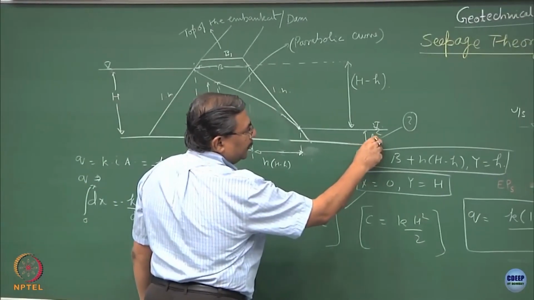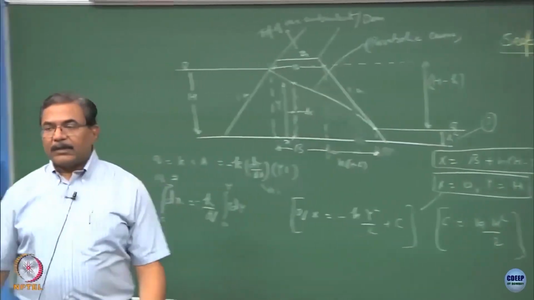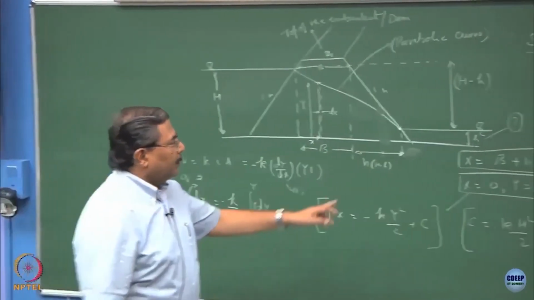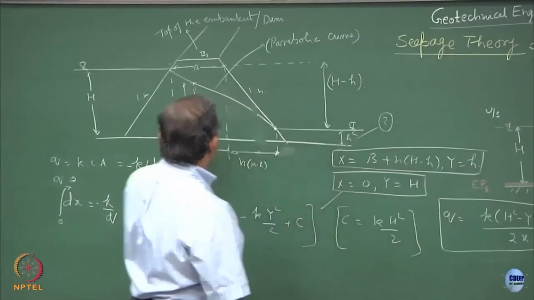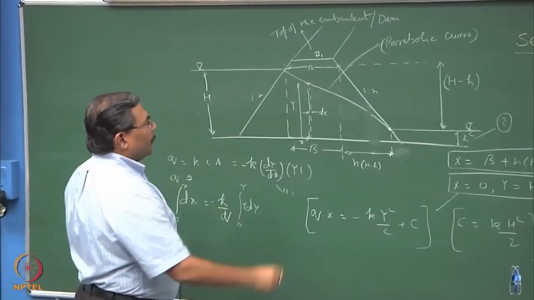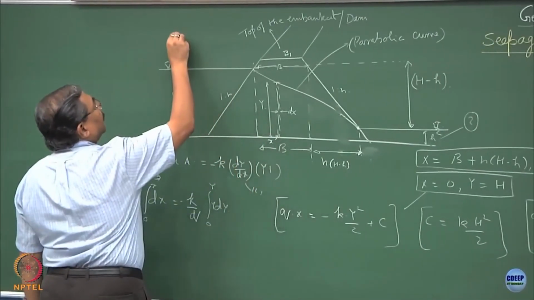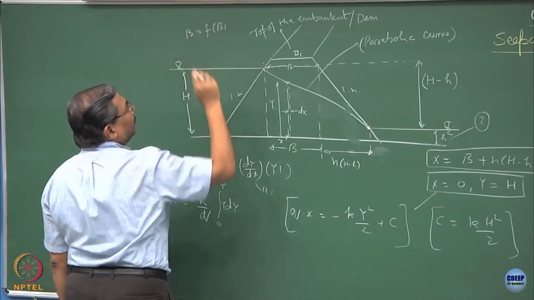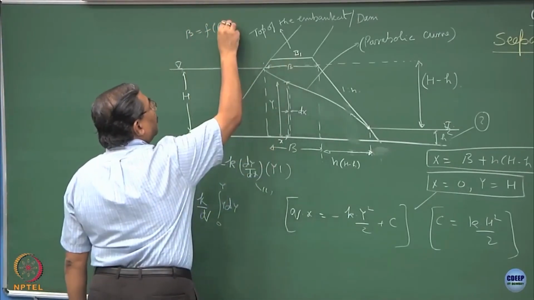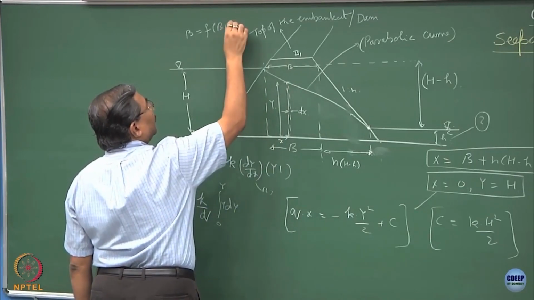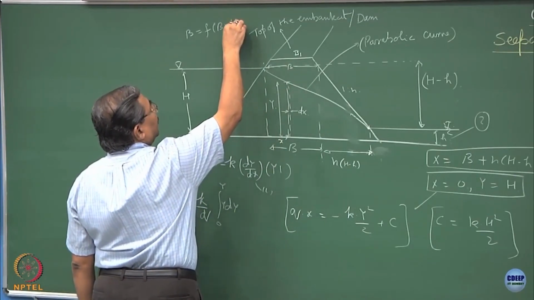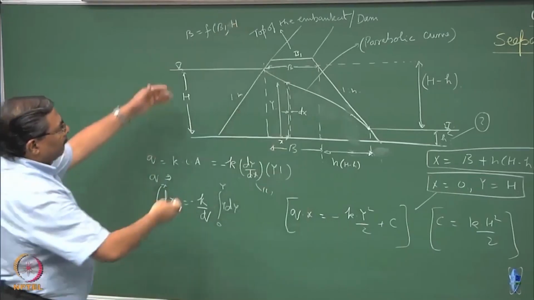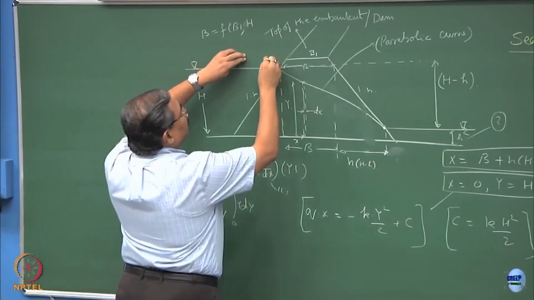Tail height is h and we want to see what is the maximum height of the tail water which is going to come for this system. B, in fact, is a function of B1 comma h, because design height has to be fixed. Now, this is what is known as a freeboard.